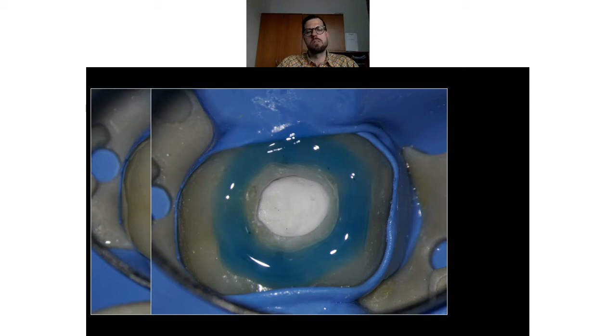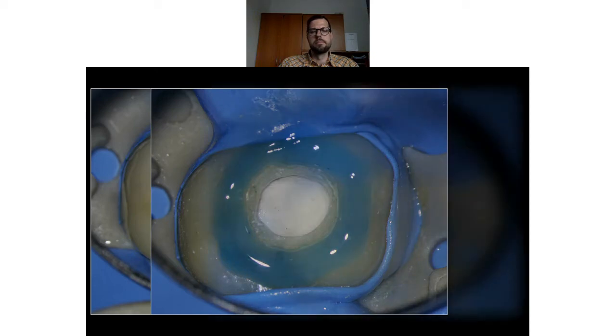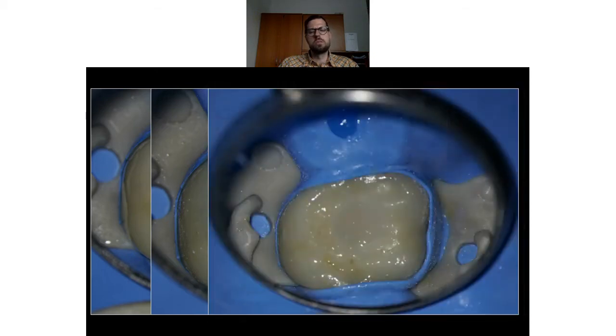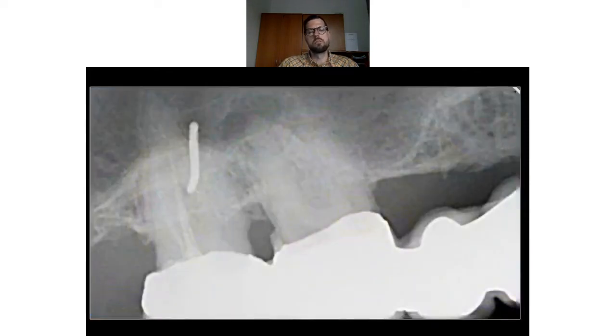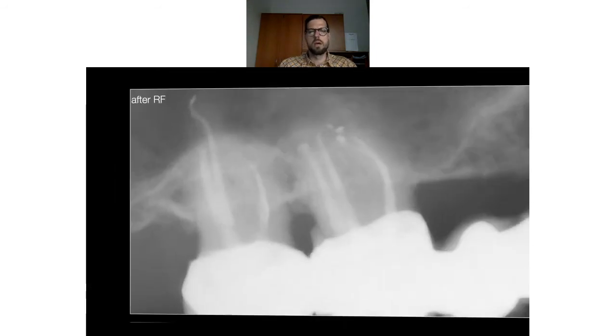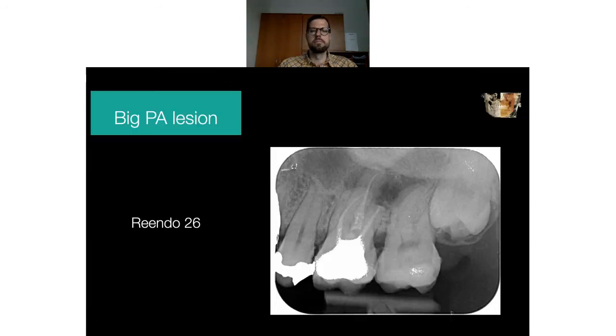We can sandblast it, and then we can adhesively make a filling. So this is the filling, and the patient is happy and no problems. So this is before, and this is after.